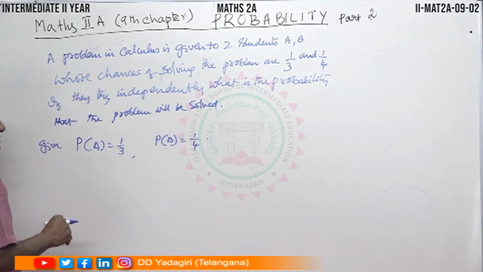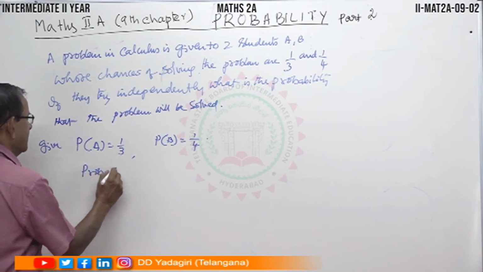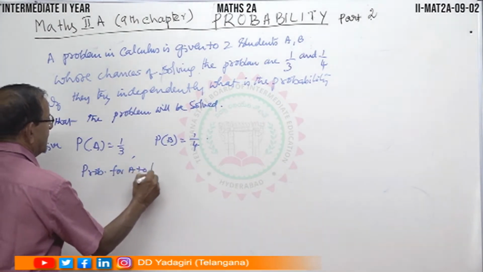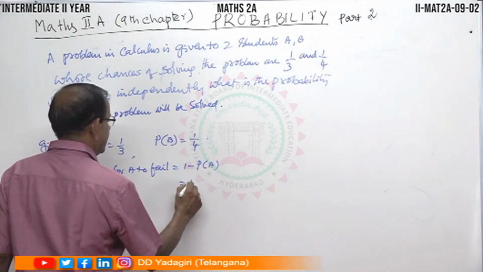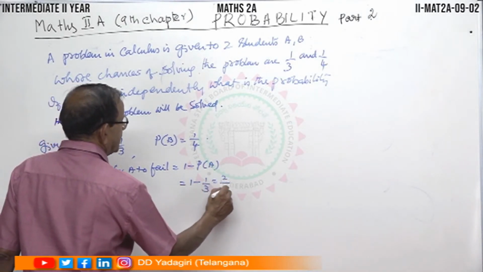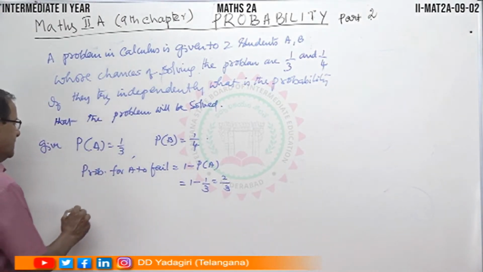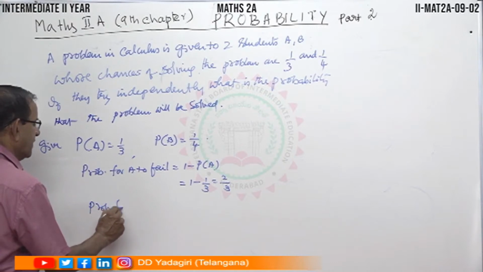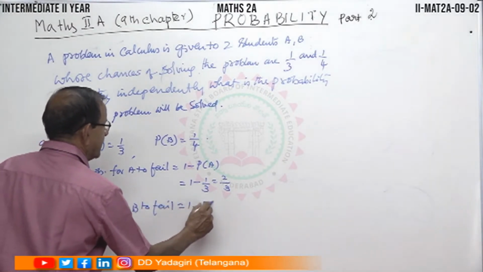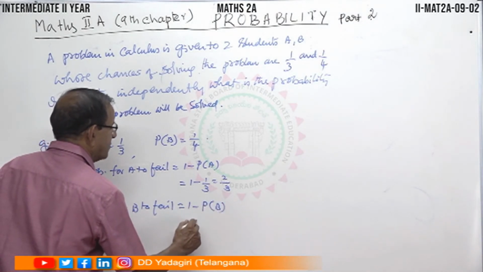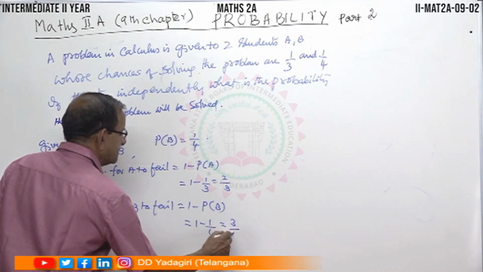Now, what is the probability for A to fail? Probability for A to fail is equal to 1 minus P of A. That is complementary. 1 minus 1 by 3, that is 2 by 3. Probability for A not to solve the problem is 2 by 3. Similarly, probability for B to fail is equal to 1 minus P of B is equal to 1 minus 1 by 4, which is equal to 3 by 4.